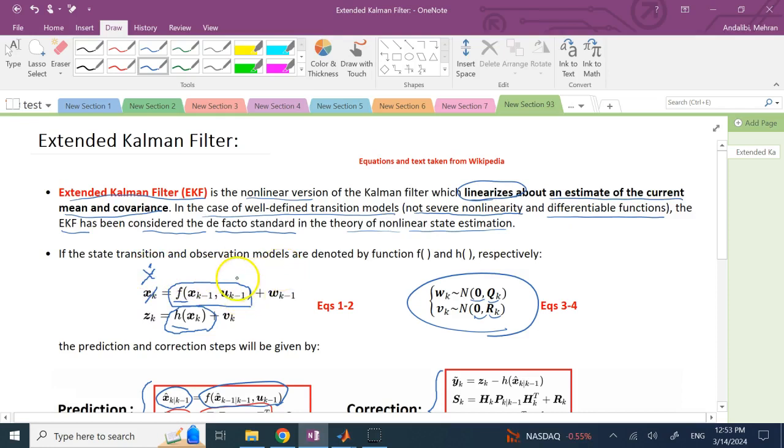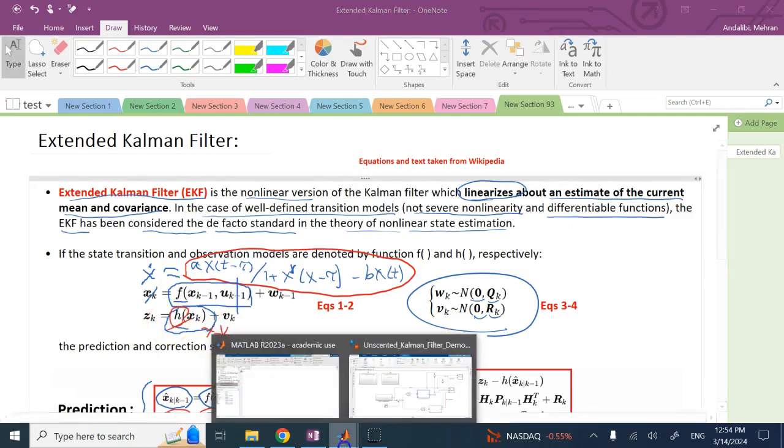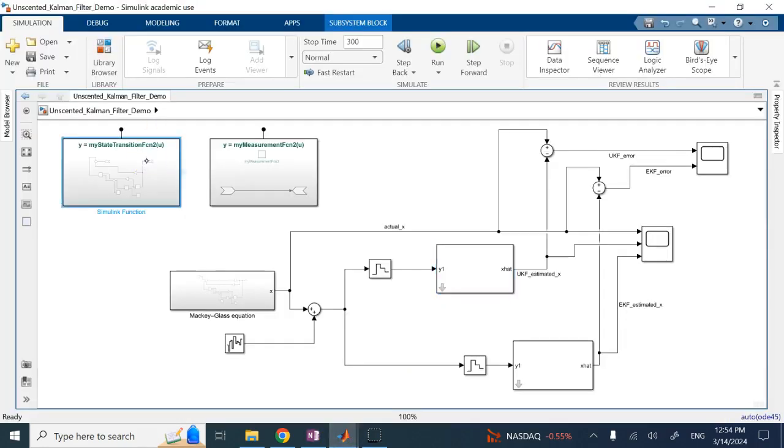In this example, there is no u, it's just x. And if you remember, this was equal to this from the paper. So all I need to pass to it for the f function is simply this right-hand side. My Simulink should simulate this. And since my measurement is directly x, your h function is just 1. And that is exactly what I did in these two Simulink functions.